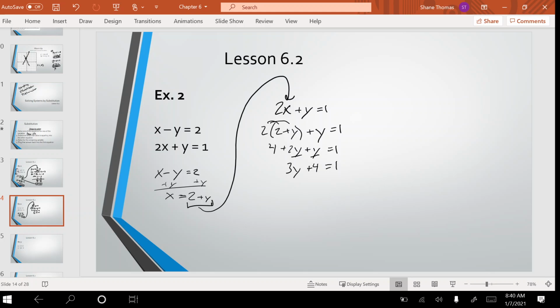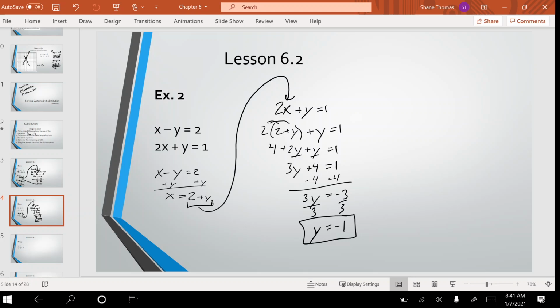Now what? Subtract them. All right, let's subtract them from both sides. So I have 3y is equal to negative 3. Divide both sides by 3, so y is equal to negative 1.